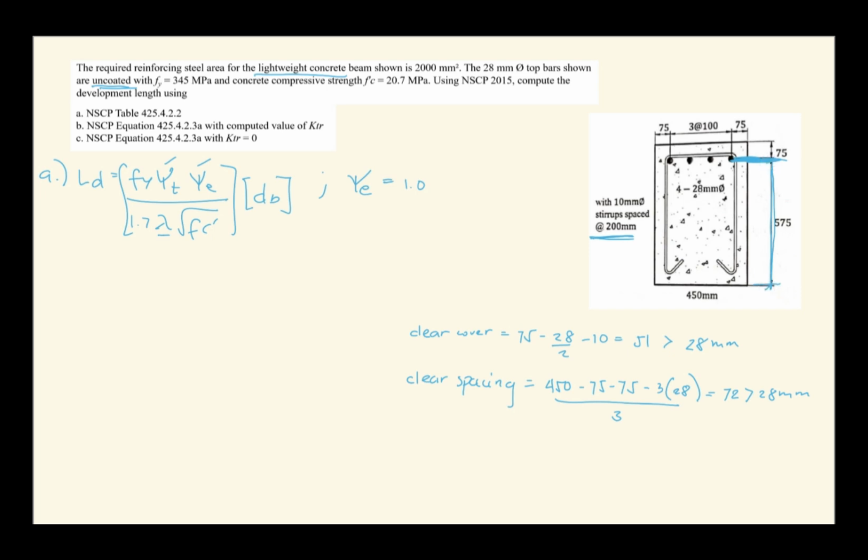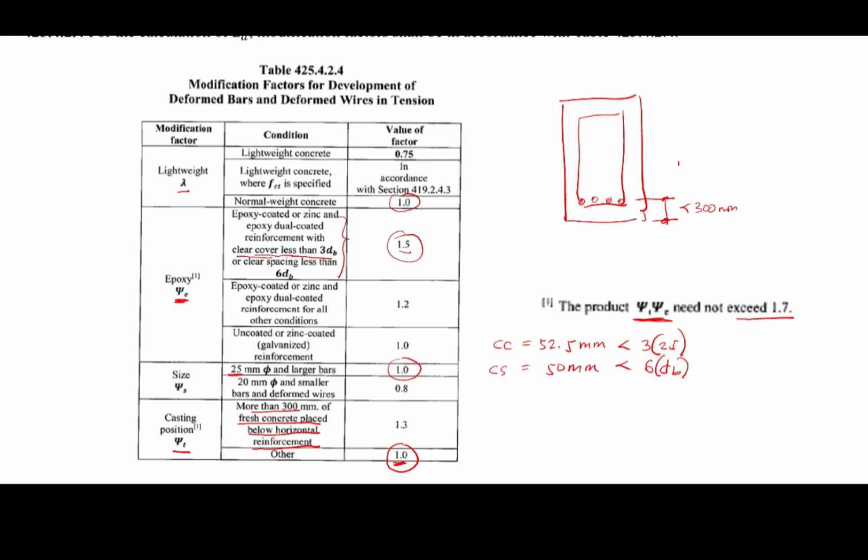Then we'll use a factor of 1.3, and for lambda we'll use a factor of 0.75.